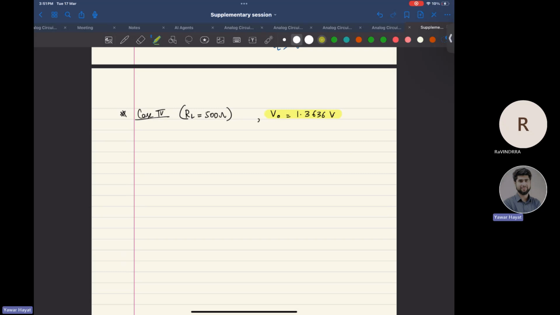Now let's take up another question. Question 3: let's borrow the variables from question 2.